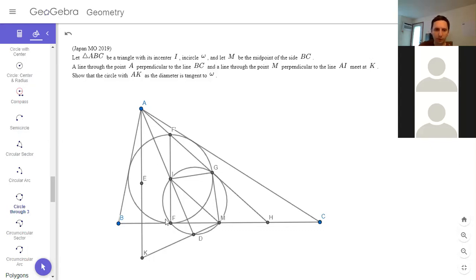So yeah, if we could show GF and K are collinear, I think that would solve the problem. Yeah, once we know GF prime and K are collinear, it solves the problem. Or we could show EI and G are collinear. I don't even know, we might as well remove point E because showing EI and G are collinear is equivalent to showing KF and G are collinear.